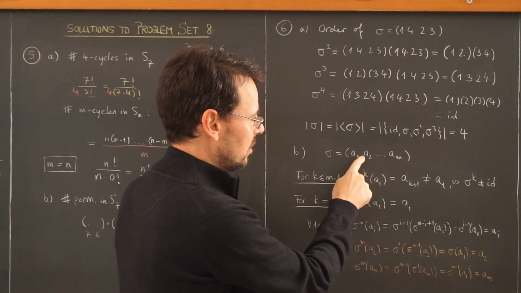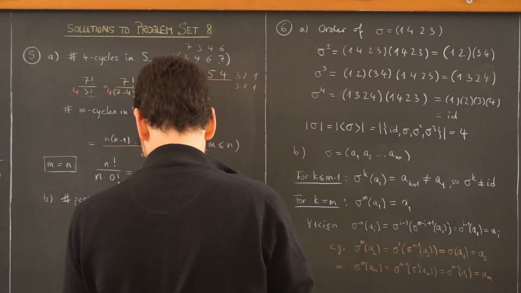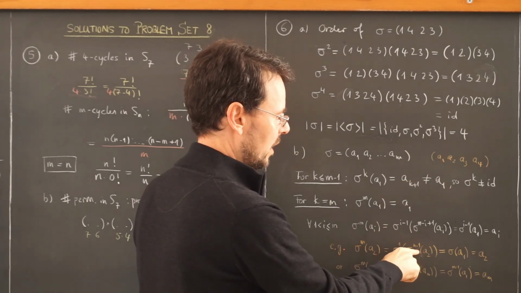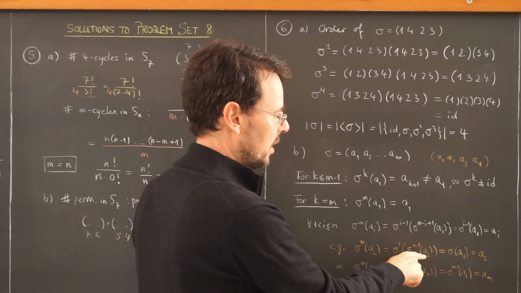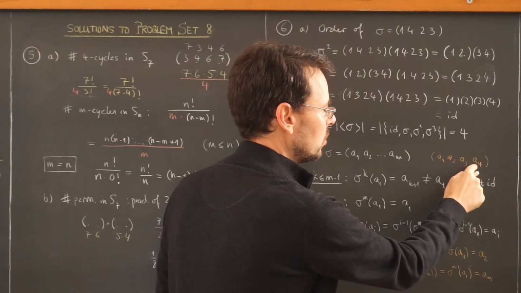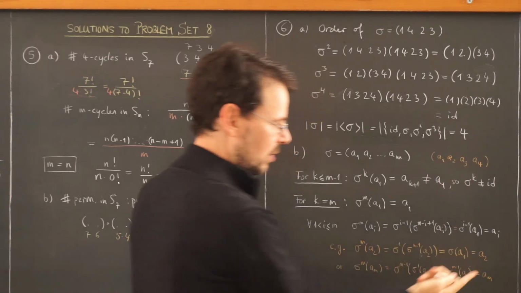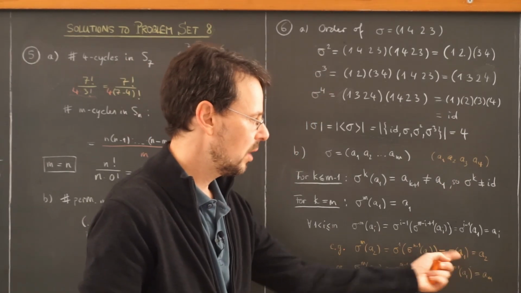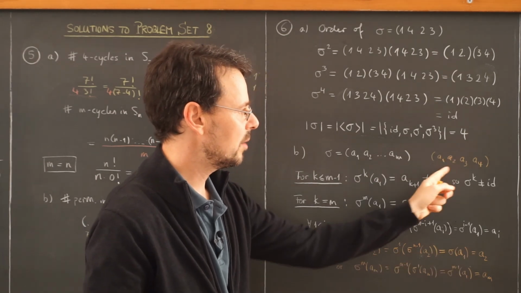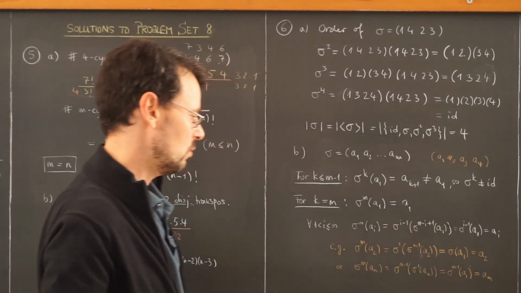Let's take m equals 4. So I apply sigma 3 times to a2. 1 time, 2 times, 3 times. So I simply end up with a1. And now if I apply sigma 1 time to a1, I end up with a2. So sigma to the m of a2 is a2.